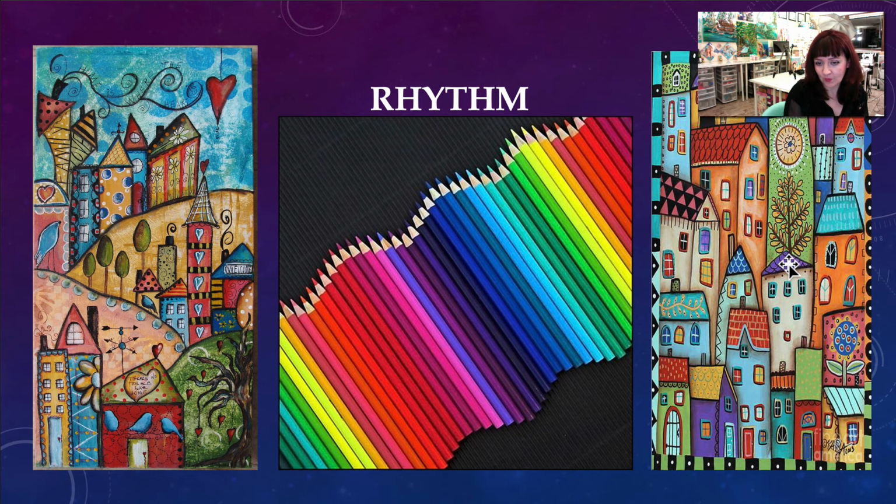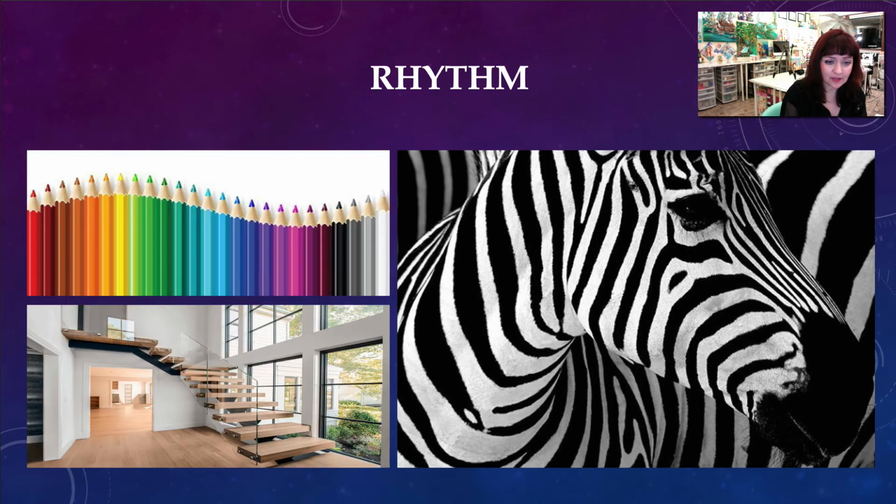Same with this other one. And this picture in the middle is a simpler form. Your colored pencils are going up and down, following the same sort of movement, and that also creates a rhythm in your image.